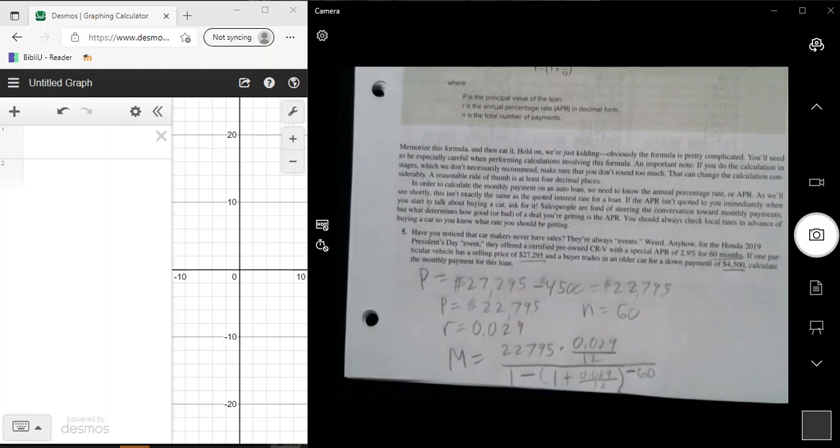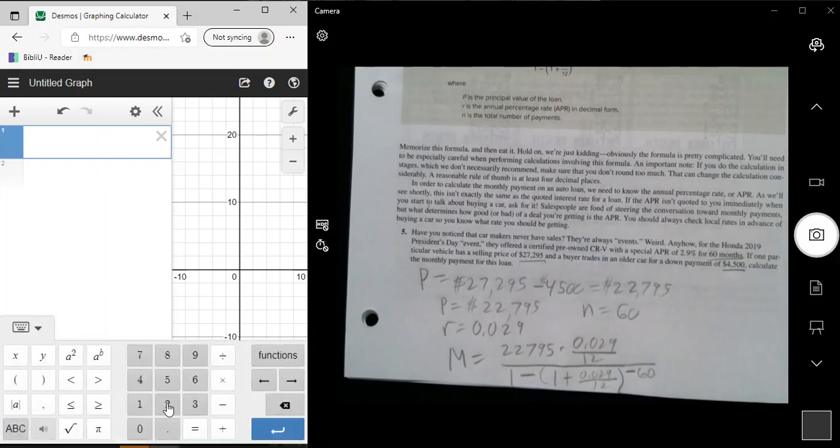Now, we put this in our calculator. We could type everything as it appears here. So we had 22,795. Then I would suggest you press the division sign and then click back up to the numerator. Then we had times 0.029 divided by 12. Now we took care of the numerator. Now the denominator. Have 1 minus the parenthesis, 1 plus 0.029 divided by 12.